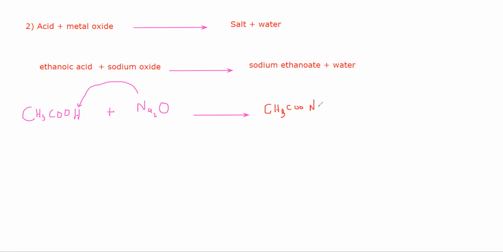Because I told you acetate ions or ethanoate ions, they all have valency. Ethanoate ion, propanoate ion, butanoate ion, pentanoate ion, all these ions have valency -1, and sodium is group 1, so it is +1. Plus the second thing will be H2O. Is it clear, the formation of this product?